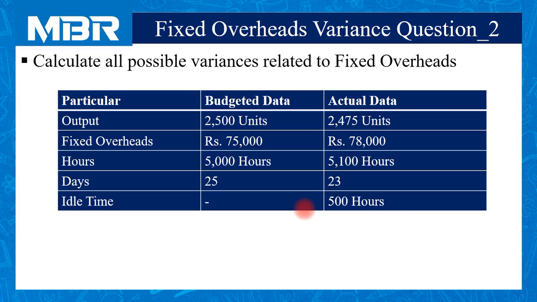This is new information for all of us because we are discussing these items for the very first time. So let us concentrate on the solution of the problem and try to understand where the information of idle time affects our calculation.